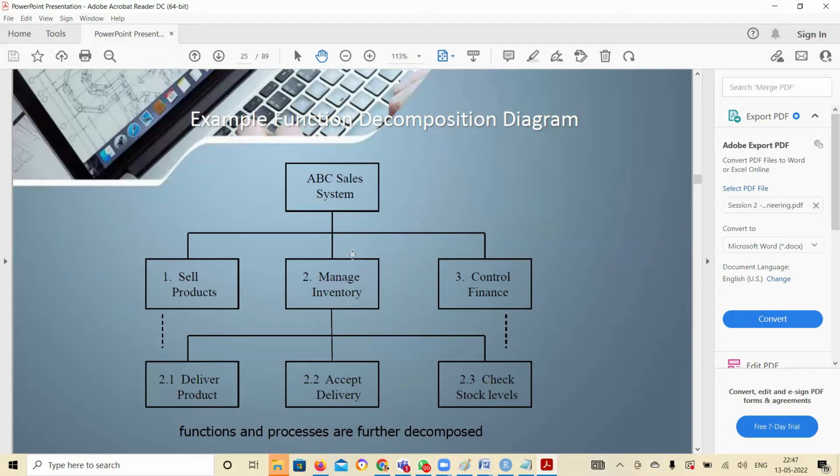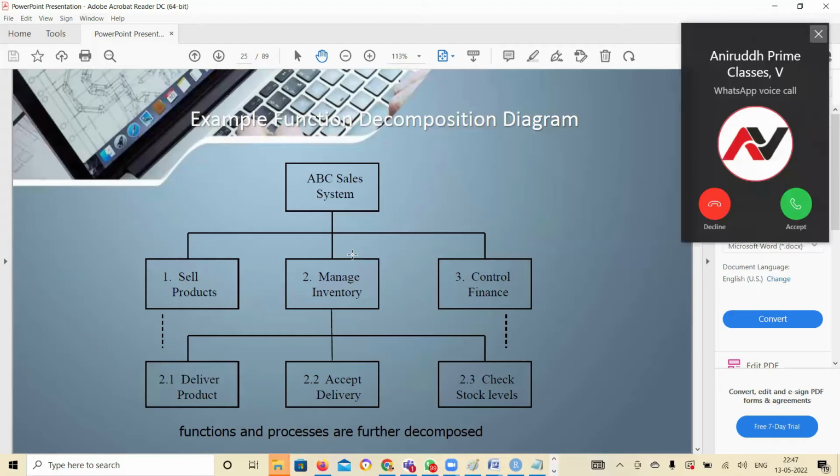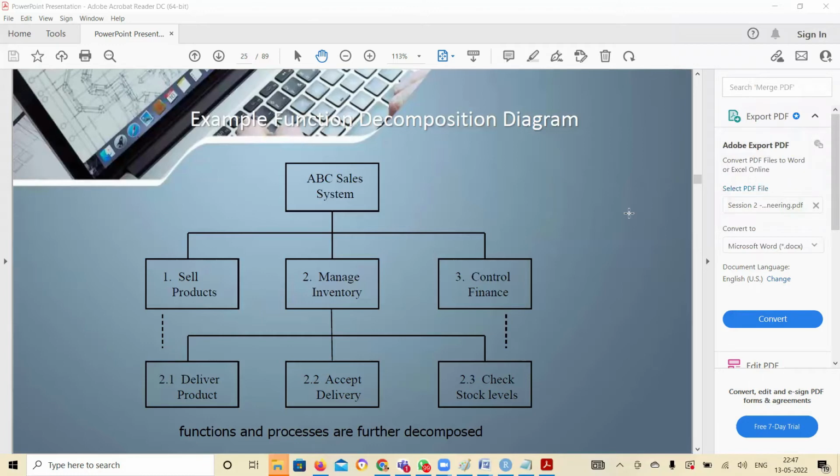Third thing could be your finance itself. Something that needs to be charged more, you're charging less. Let's say you're selling a product which is not sold anywhere else.